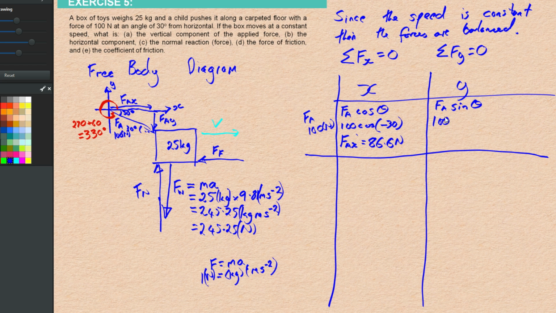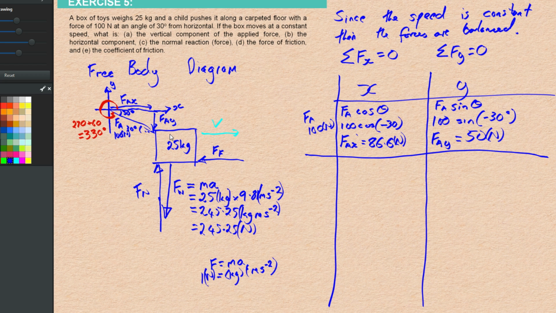So again, 100 sine minus 30 degrees, you know, minus 50. So the applied force, Fa, in the y direction equals minus 50 newtons. Just put those in brackets so we know that they're units. Right here, that's Fa taken care of.